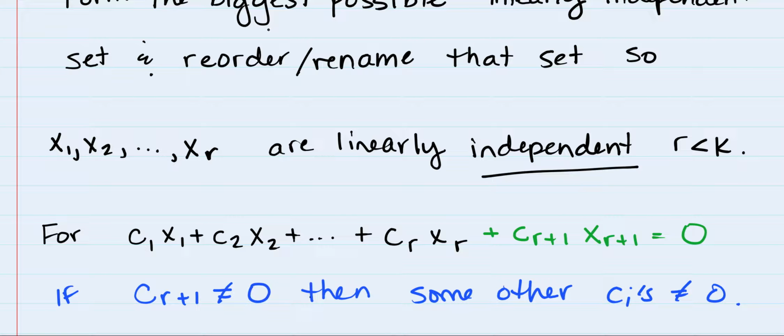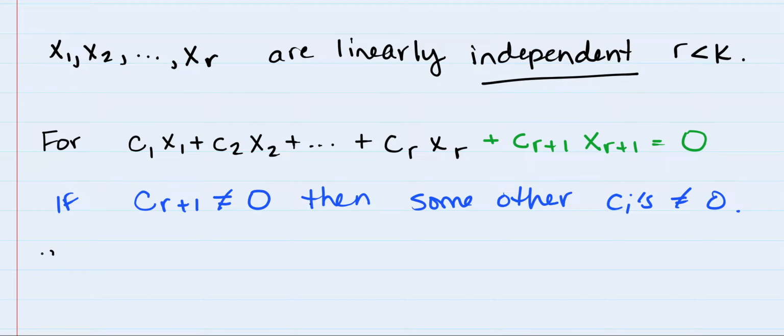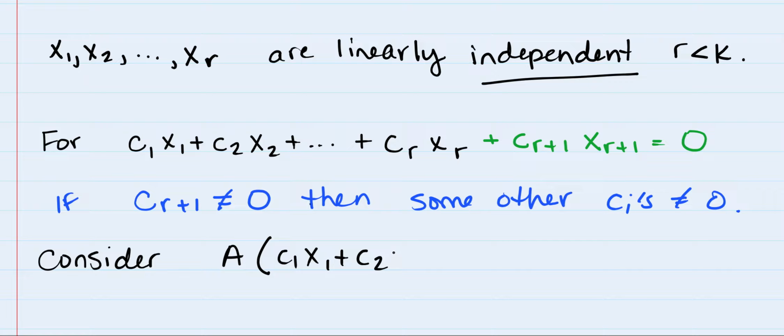Okay, so if that's true, we're going to consider A applied to this: c1 x1, c2 x2, all the way to cr plus 1 xr plus 1.